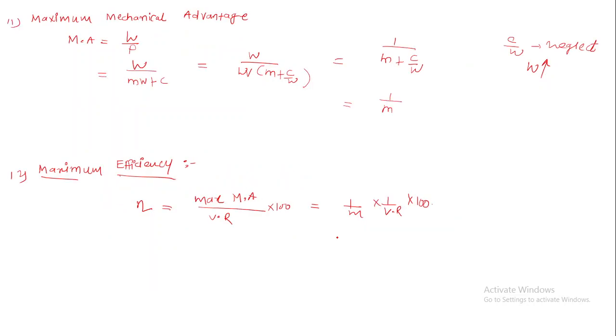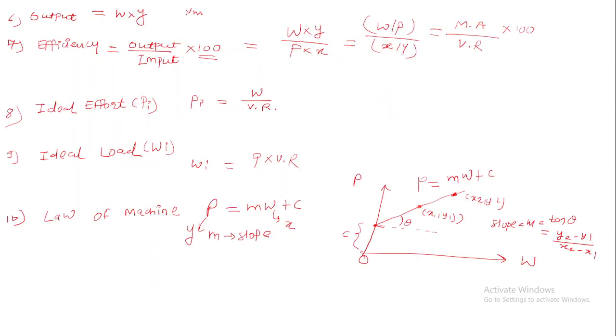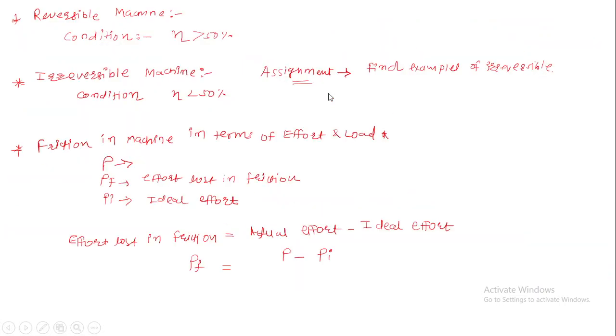So what is ideal effort? We have seen, ideal effort Pi is equal to W upon velocity ratio. Okay, this is the effort lost in friction.